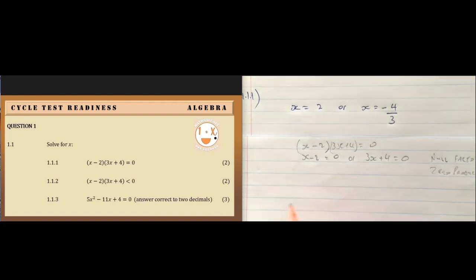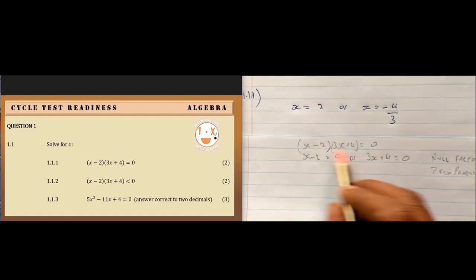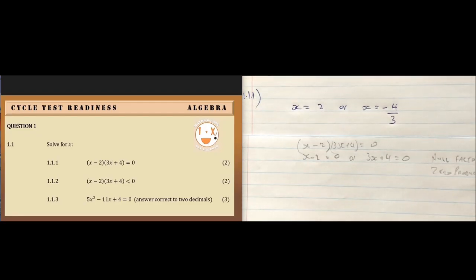That's just to say that if I have 2 numbers, for them to give me 0, one of them must be 0. So if this one is 0, the whole expression becomes 0. Or if this one is 0, it multiplies this one, it will be 0. So that's why we do that.